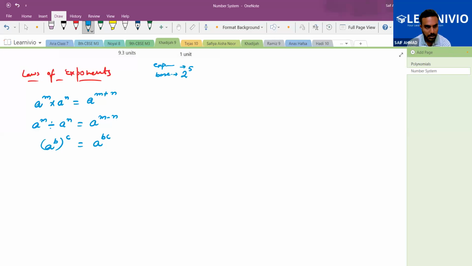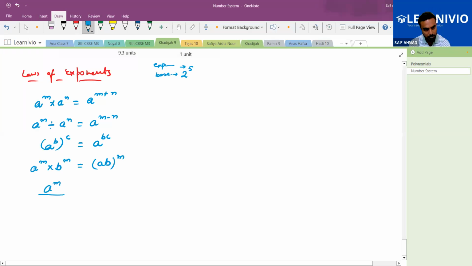If we have same power but different bases, for example, a to the power m multiplied by b to the power m, then the bases will get multiplied on the same power. Same in division, a to the power m upon b to the power m, we can write as a upon b to the power m.